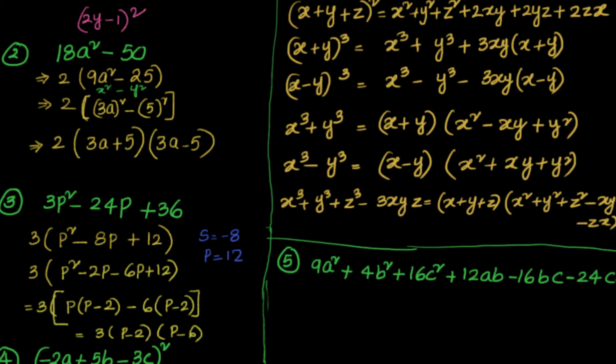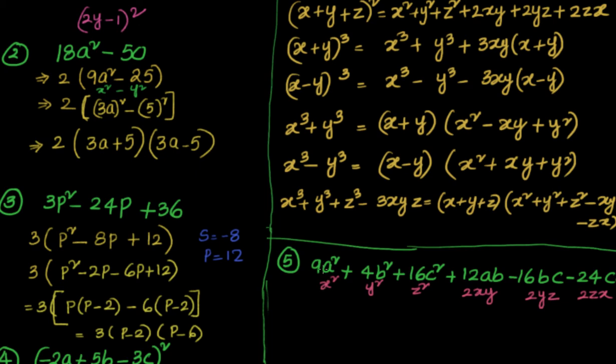Okay, so let's put down the formula first. What is the formula for this? The formula is x² + y² + z² + 2xy + 2yz + 2zx. We see here x square is fine, y square is fine, z square is fine, because I can write all of them as squares.